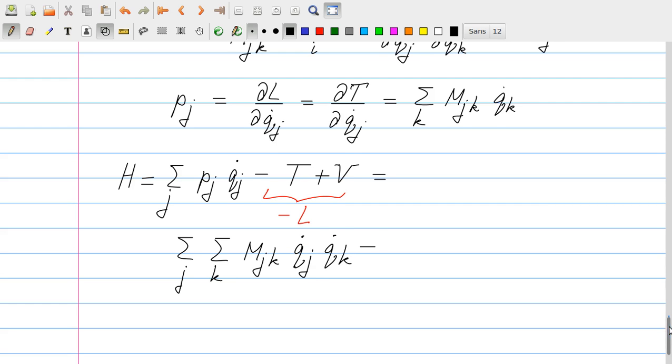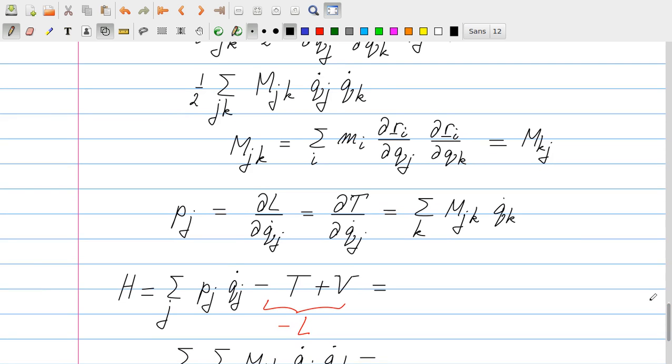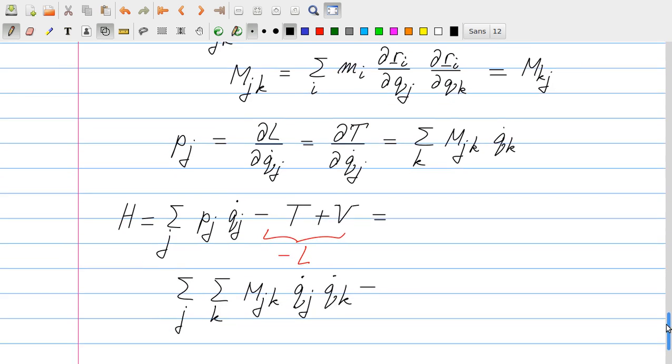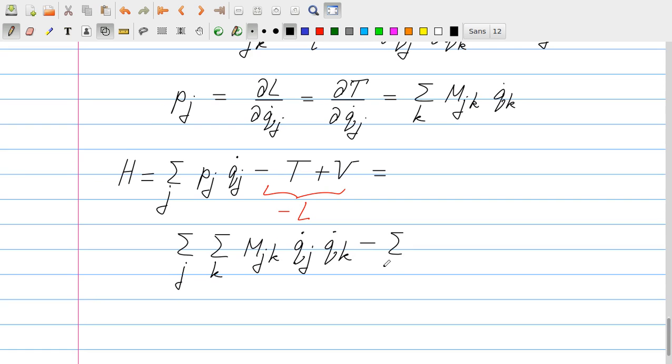The kinetic energy was written in this form here, so that's again a sum over j and over k with a half in front of it, and then we have M_jk q dot j q dot k, and we have plus the V, which only depends on all the coordinates q_j or q_k.